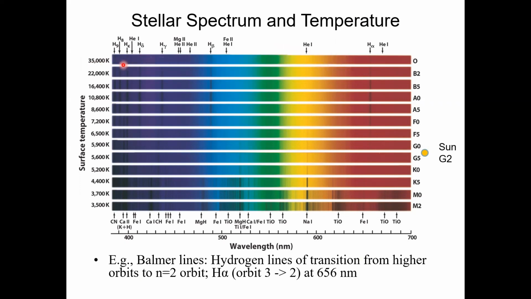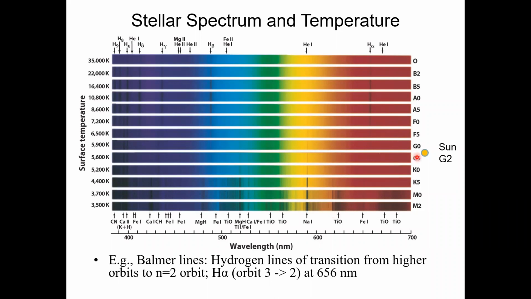Don't worry about these arrows coming from the top and the bottom. And 22,000 Kelvin, 16,000 Kelvin, 10,000 Kelvin, like that, down to about 3,500 Kelvin. You will see very subtle differences, but the subtle differences are enough to differentiate between them.